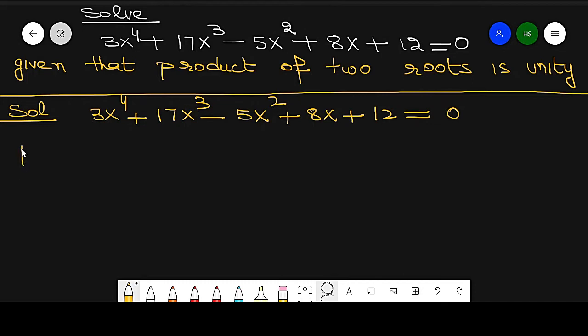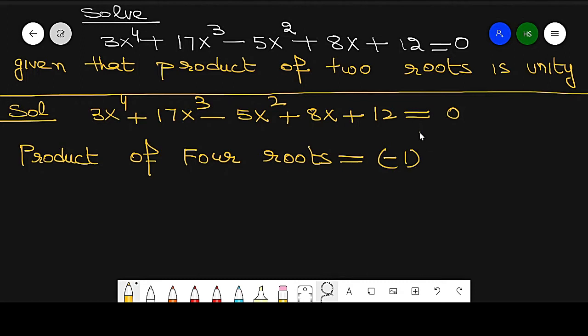Now, the product of four roots is equal to (-1)^4 times 12 by 3. So this is equal to 4. So the product of four roots is equal to 4.